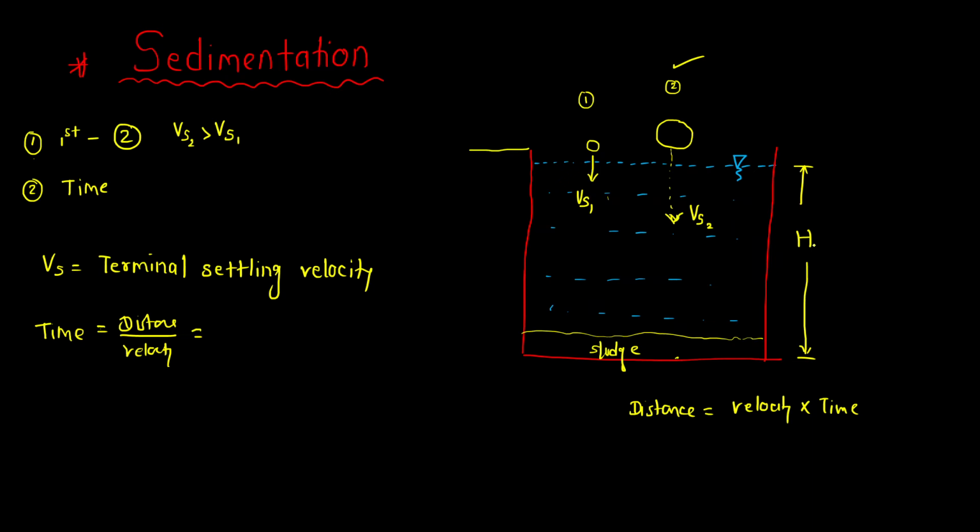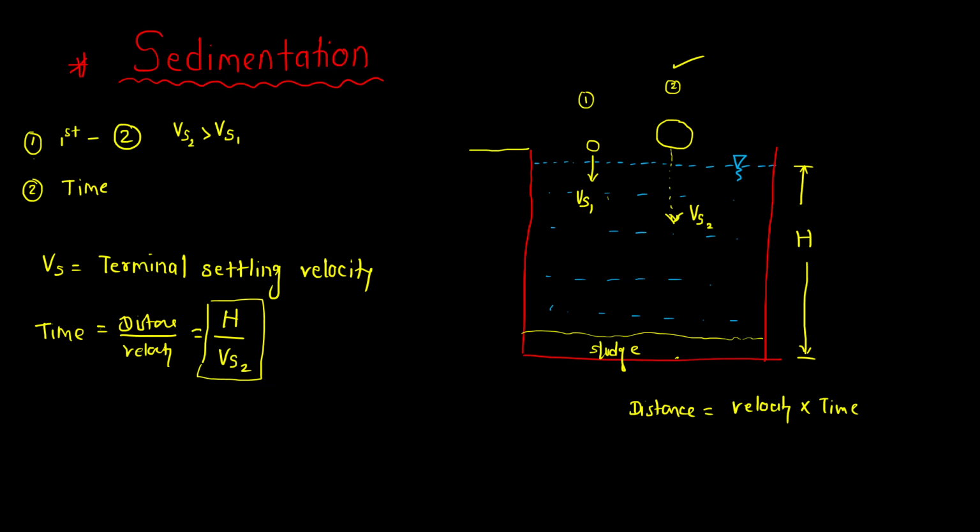It is traveling h distance. So the distance is h, that is the height of water in the tank. And what is the velocity with which it is coming down? It is coming down with velocity vs2. So the second particle will take the time h by vs2. With this we can calculate how much time that particle will take to settle at the bottom of the tank.